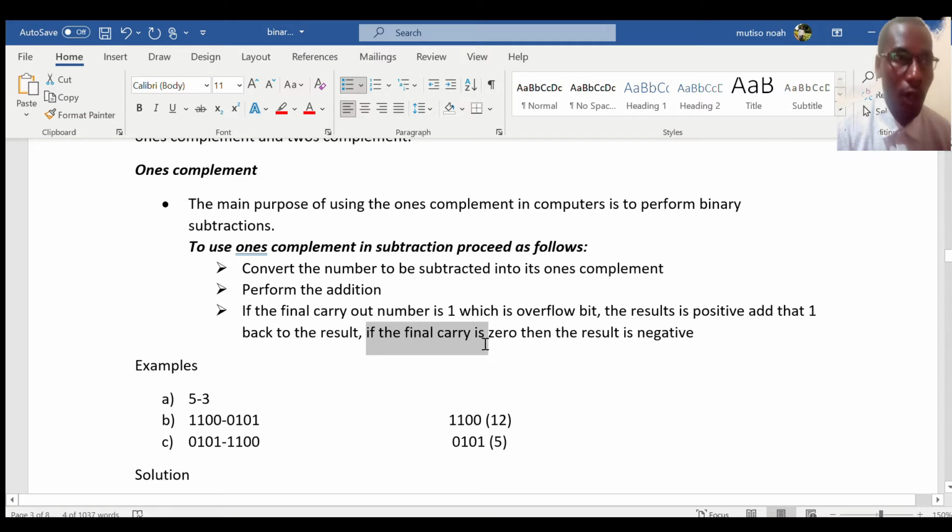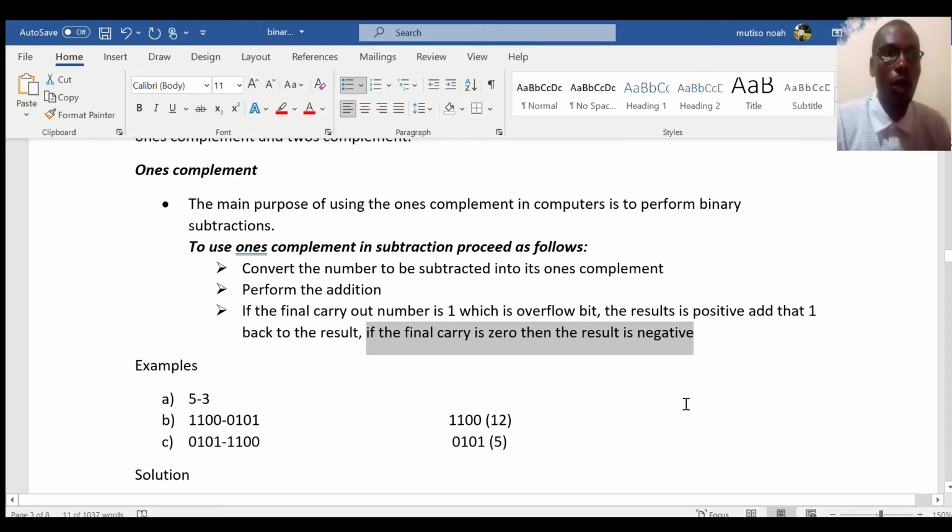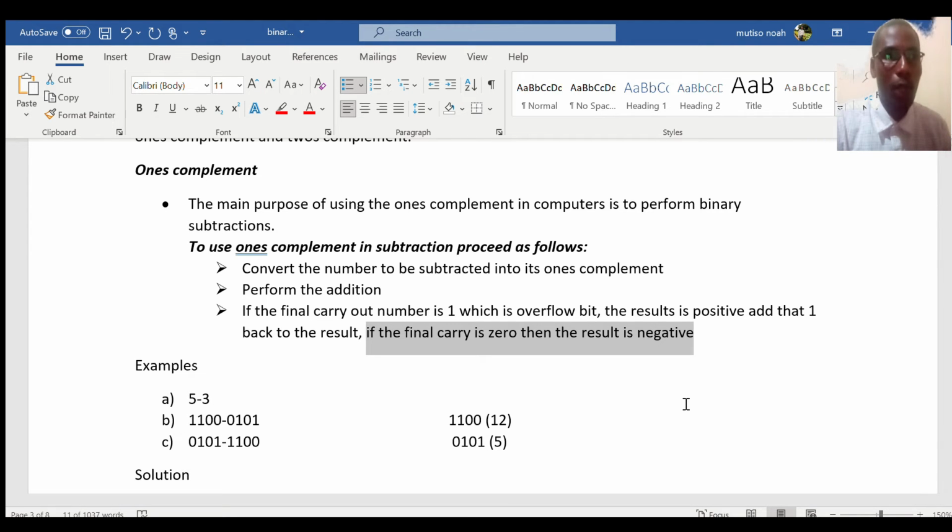If the final carry is 0, then the result is negative. If the result is negative, you have to get the bitwise complement of that result. For example, you get the final result after you have done the subtraction in ones complement as 1 1 0 0, and the overflow bit was 0.